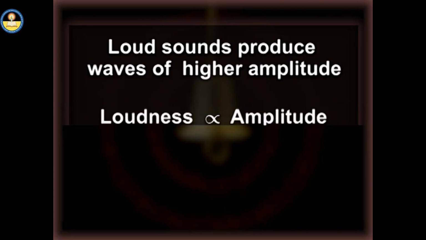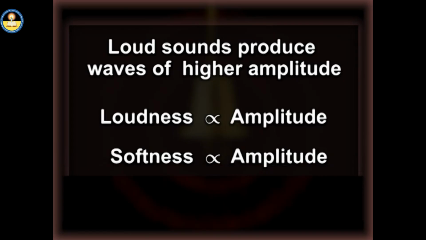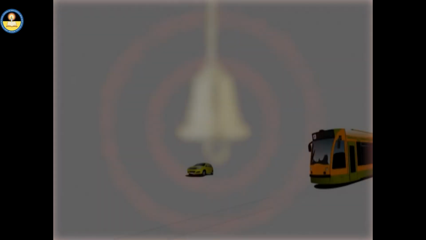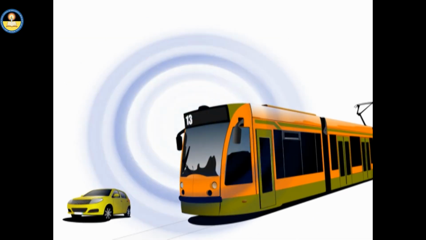The loudness or softness of sound is determined basically by its amplitude. The amplitude of the sound wave depends upon the force with which an object is made to vibrate. A loud sound can travel a larger distance as it is associated with higher energy.